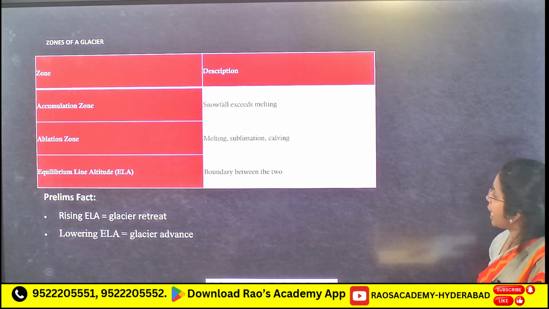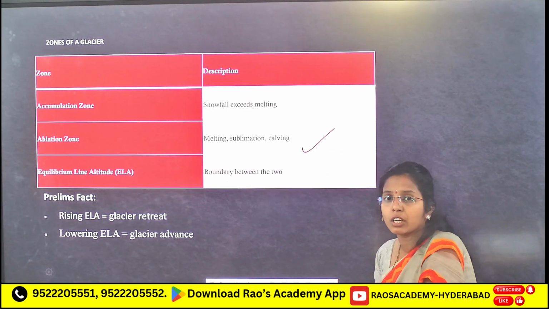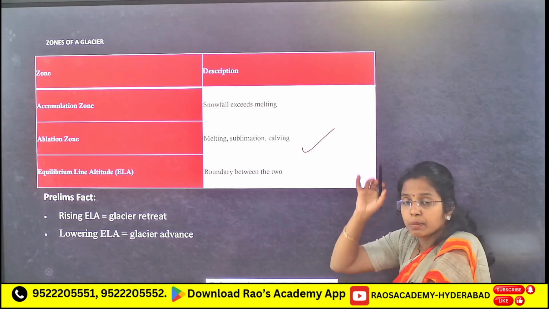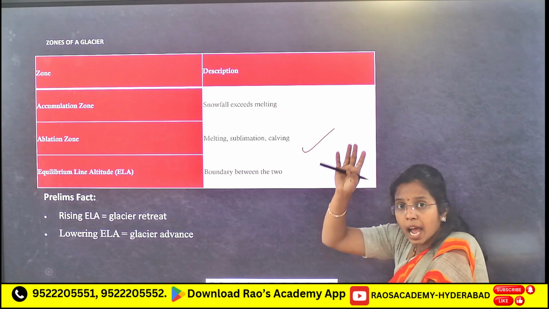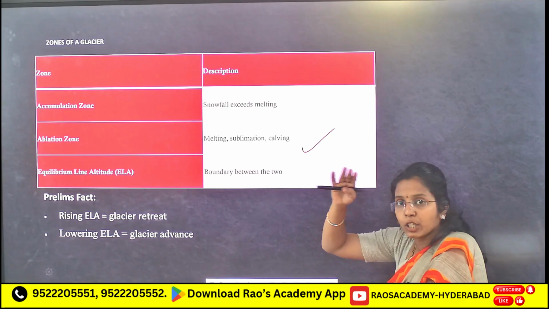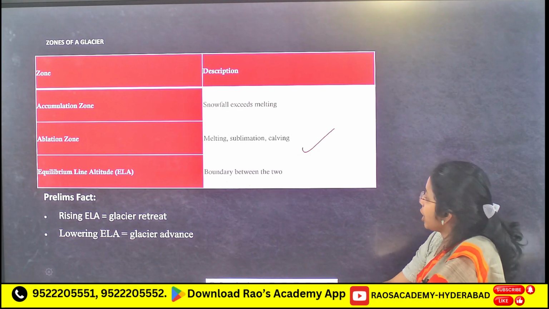Ablation means where you will see melting, sublimation, all those things. When snowfall exceeds melting, there you will see accumulation, no melting. Then if accumulation is more, you will see the formation of glacier.